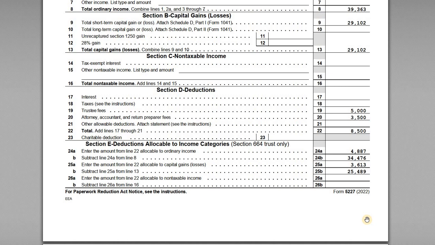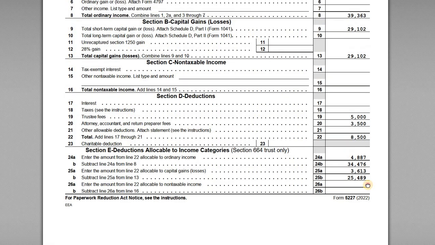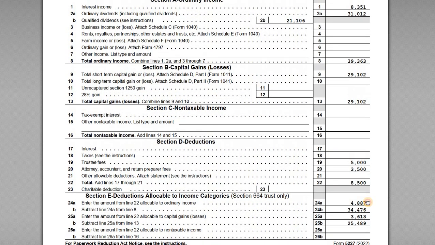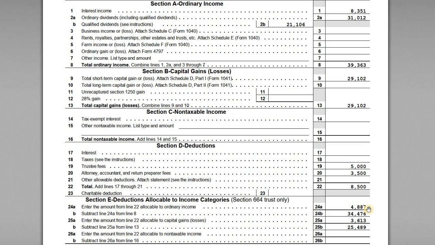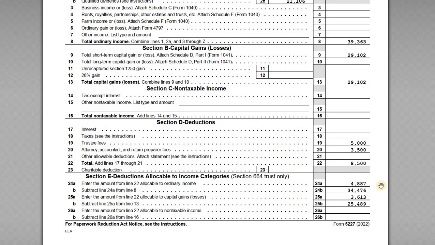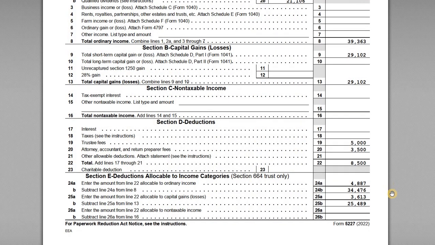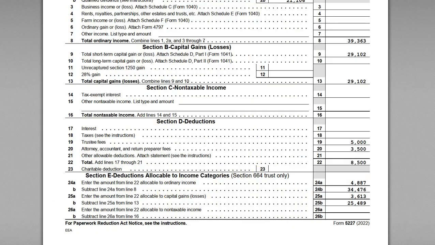So you first allocate expenses if you can specifically identify an expense that is attributed to a certain type of income. Right, so if you can trace with a lot of specificity expenses that apply to one of these income types, then go ahead and specially allocate it to it. But in most cases, that's not going to happen, honestly. You're just going to be allocating them on a pro rata basis.